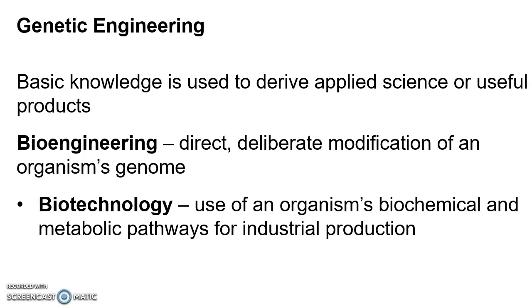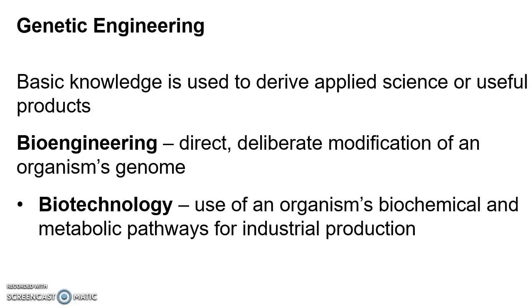In general, when it comes to genetic engineering, scientists' basic knowledge about DNA is used to come up with techniques that can be used for practical purposes. That's known as applied science. It's also used to make products for various industries.